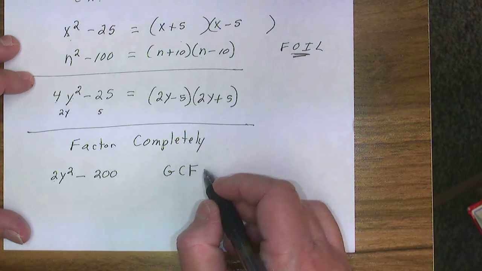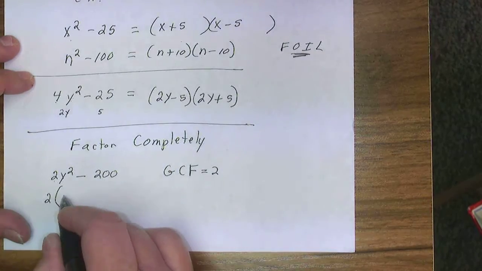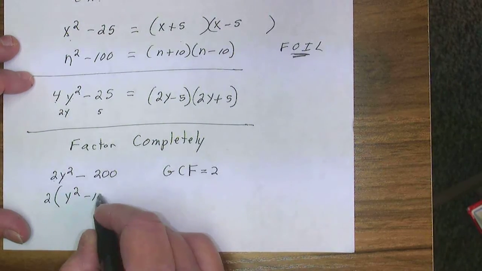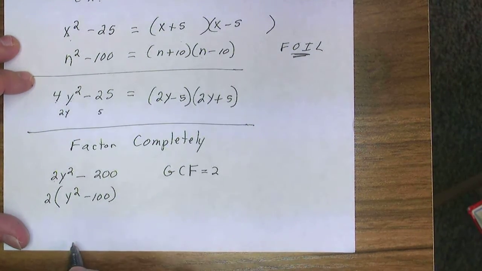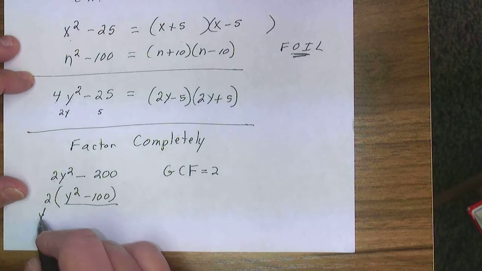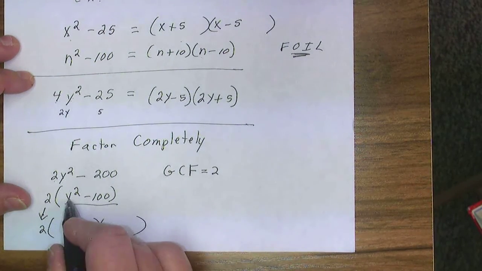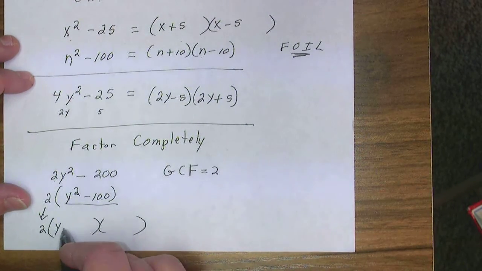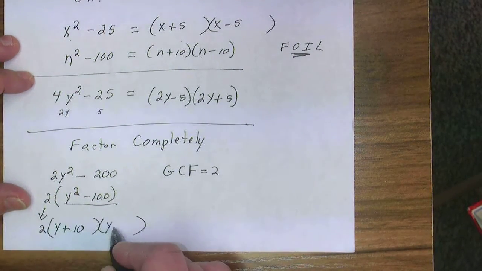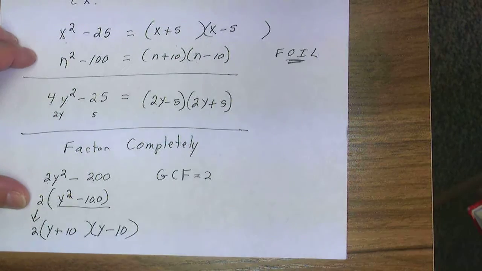But if I take out the GCF of 2, I'll be left with y squared minus 100. That then is the difference of squares. Now remember, 2 is part of the answer, so don't just drop it off. The square root is y, square root is 10. A y plus 10 and a y minus 10. That's the way that one would factor.